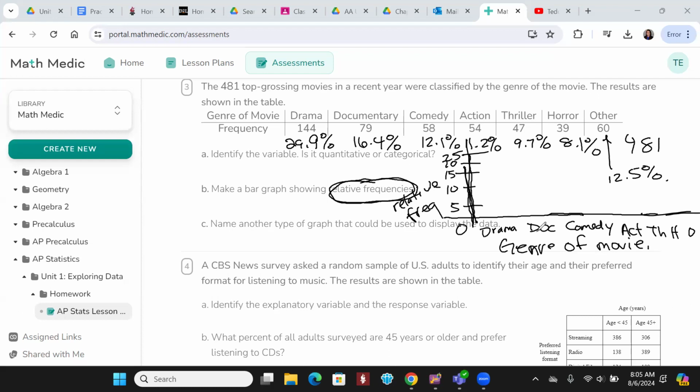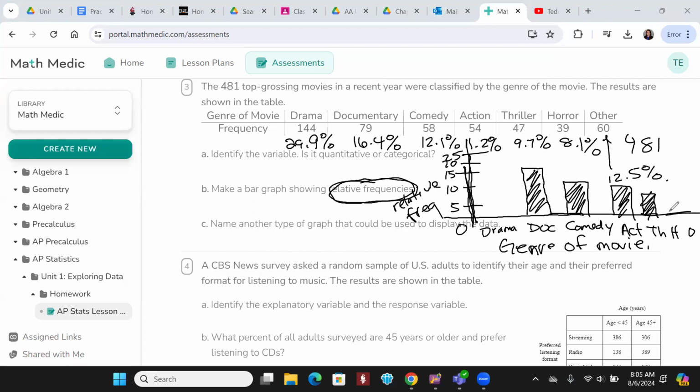All right, documentary was 16. Comedy, we had 12%. Action, we're at 11.2. Thriller, we were at 9.7.